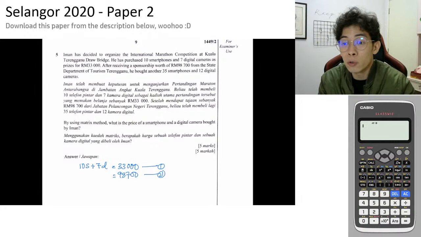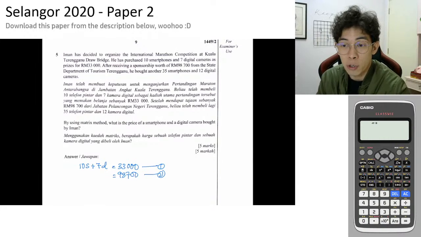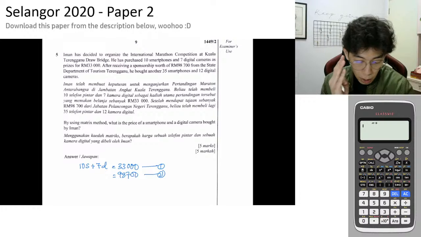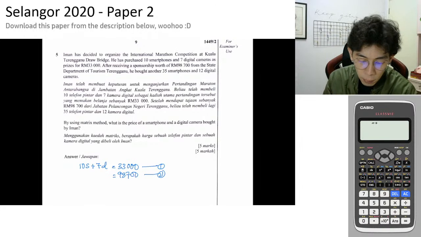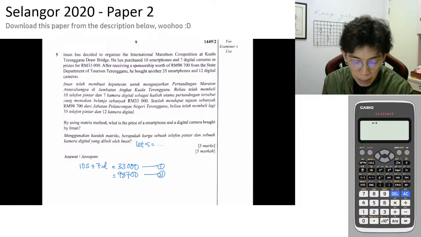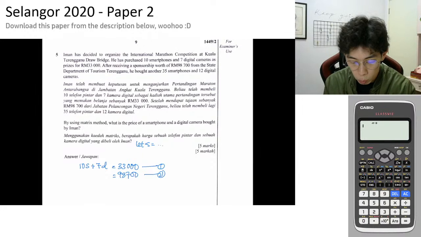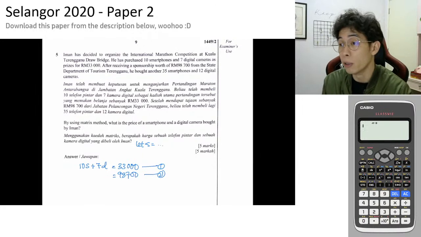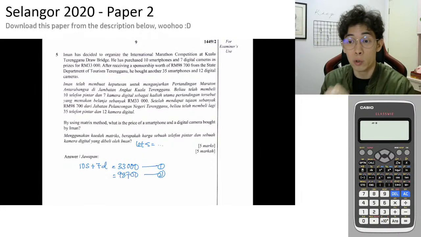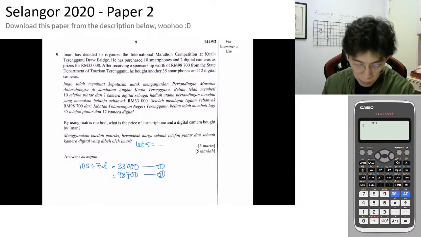Some of you might say let x equal the price of the smartphone, and let d equal the price of the digital camera. If you want to skip that, it's okay, but at the end of the question you must state it nicely.